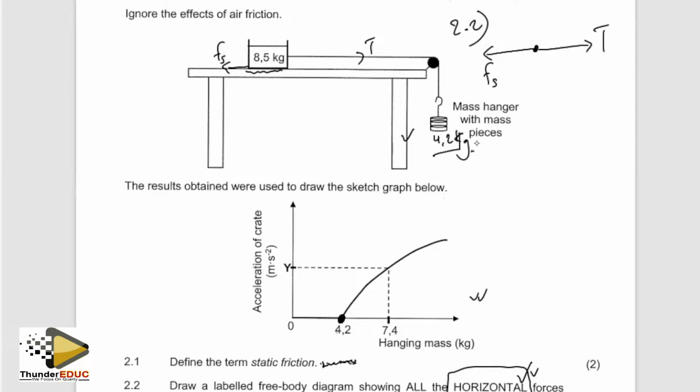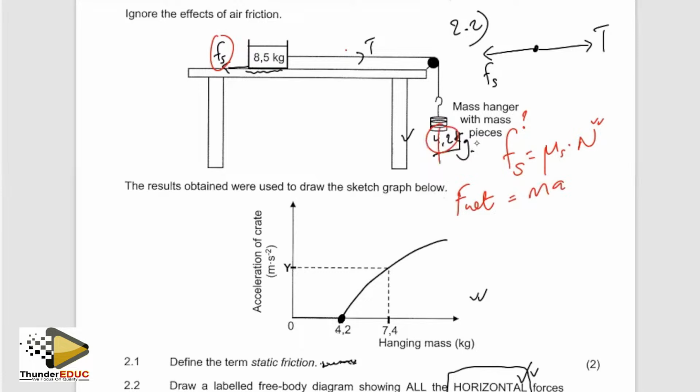I know that my Fs is going to be mu s multiplied by the normal reaction. But I don't know the Fs. I can get the normal force. So for us to get the Fs, we can say that Fnet is equal to Ma.